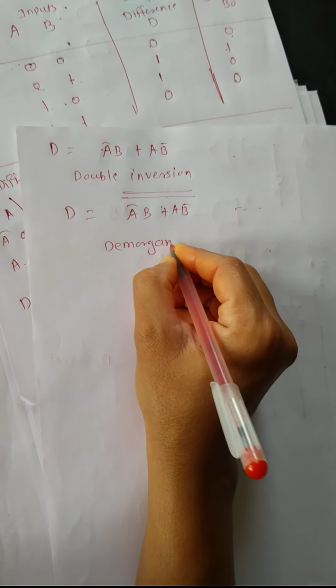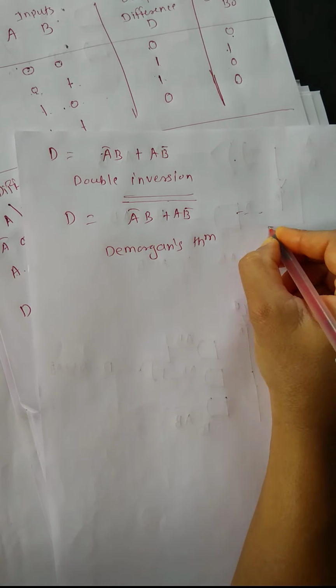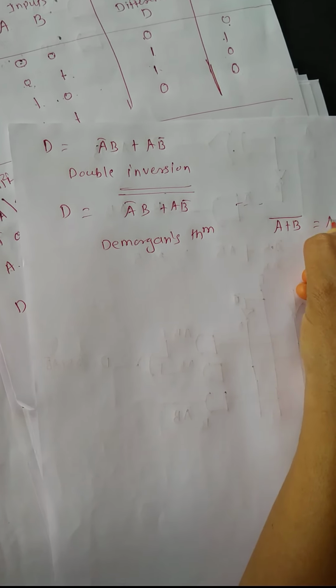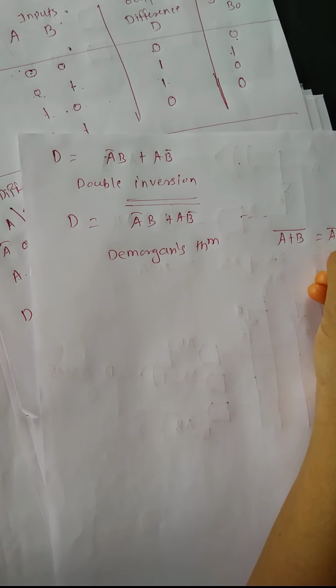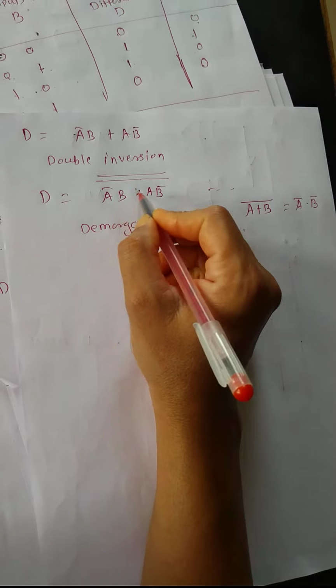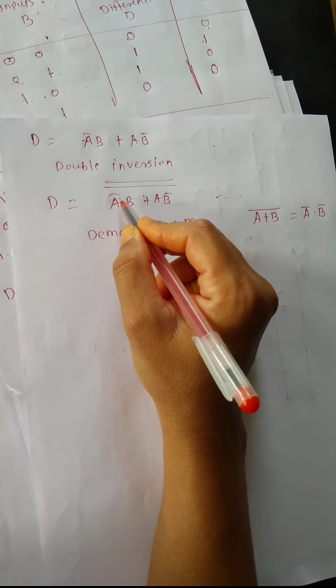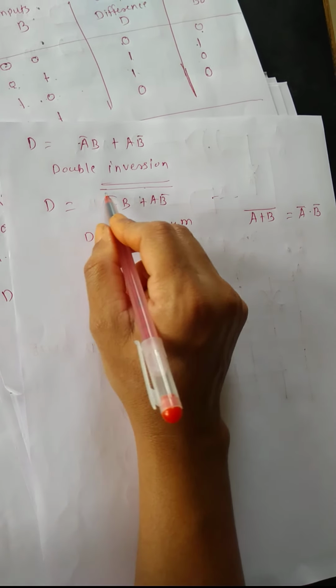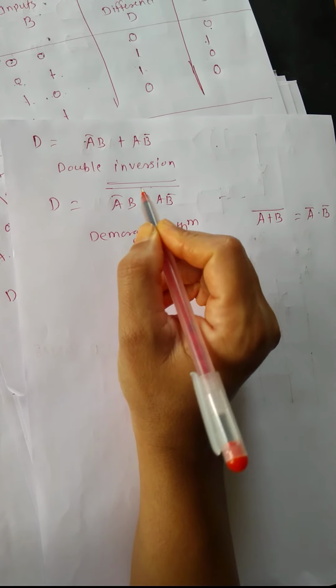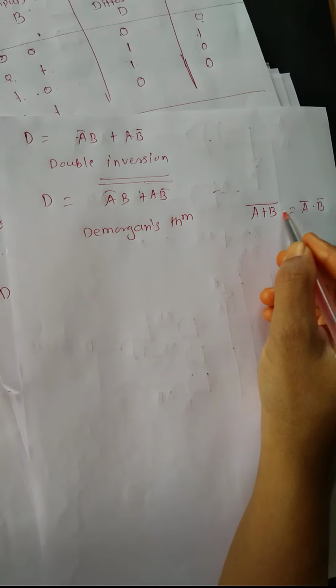De Morgan's theorem says the complement of a sum is equal to the product of the complement of each individual term. So this difference equation we convert into NAND form.